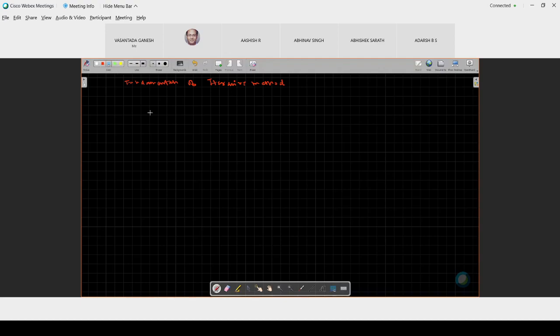Suppose we have this matrix A, and we have the solution vector and this right hand side entities.